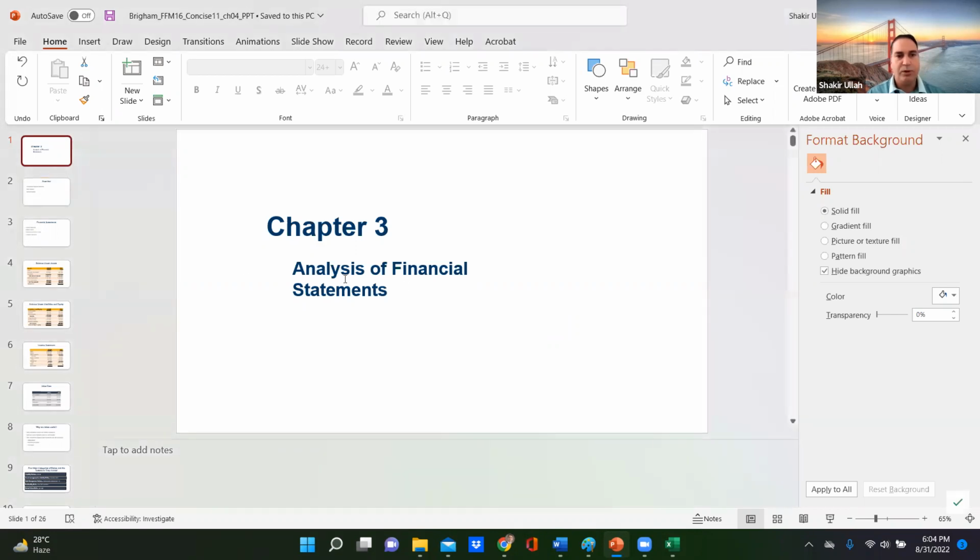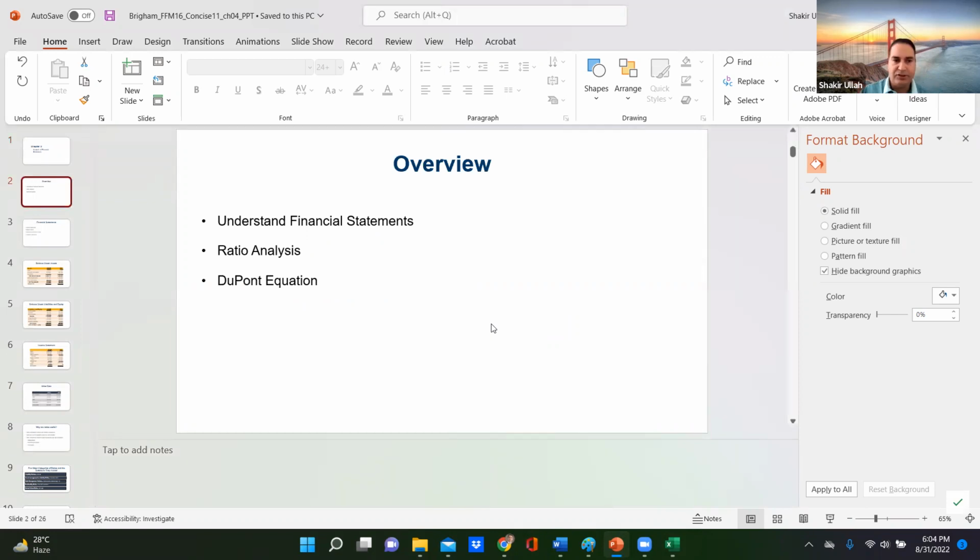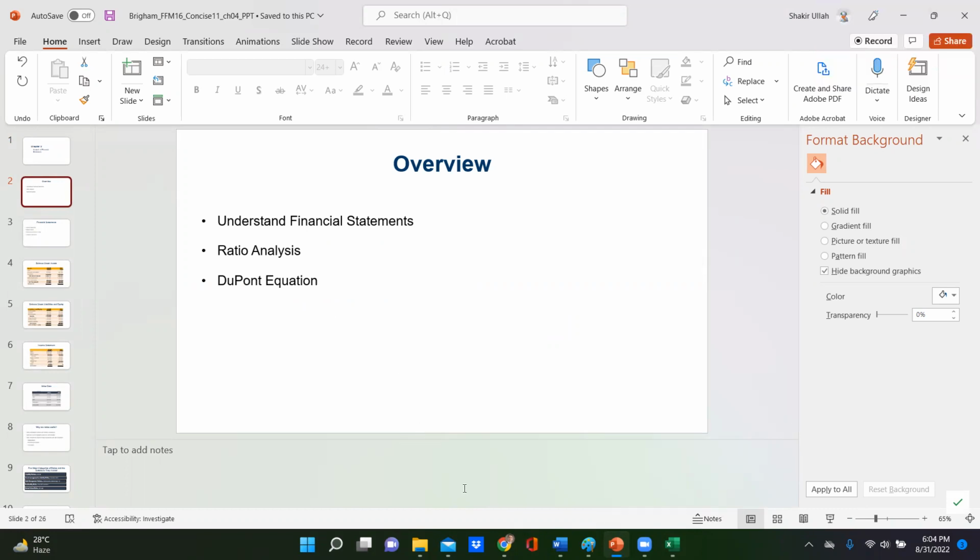All right, now, can somebody tell me what the different financial statements are? Just to have an idea. Are you talking about the balance sheet and such? Exactly. So balance sheet is one of the statements, correct? That's perfect.